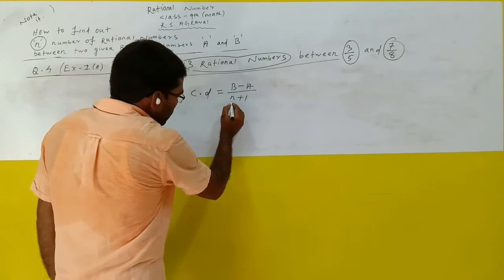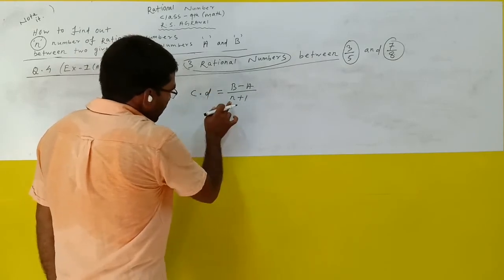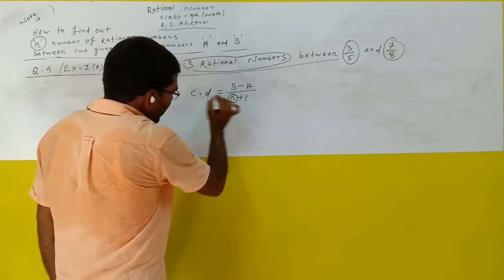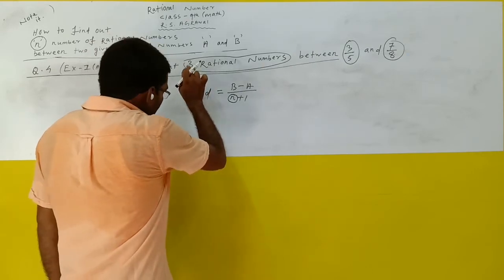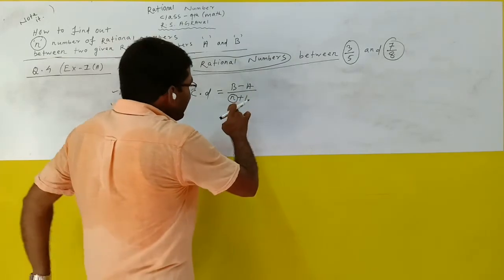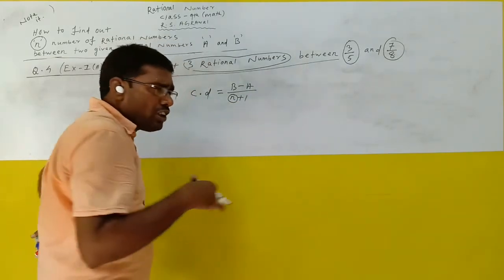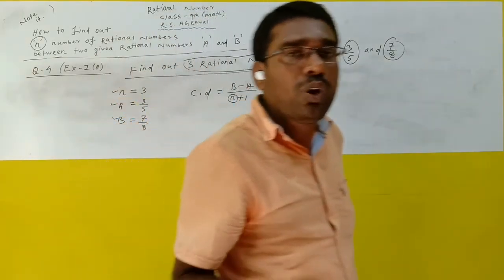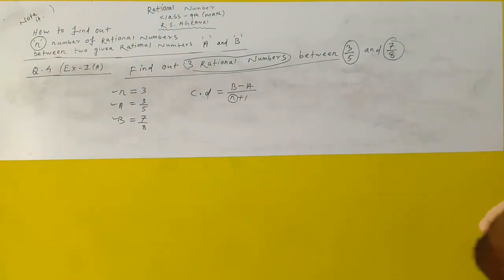Yes, n indicates the number of rational numbers you want to find out. But here it has been written n plus 1. So what does n plus 1 indicate? N plus 1 indicates the number of gaps.